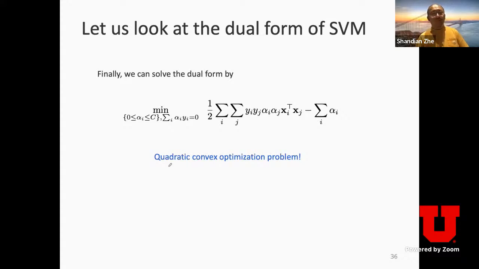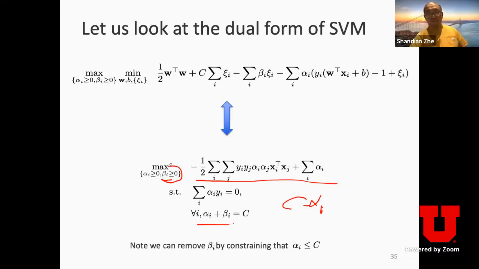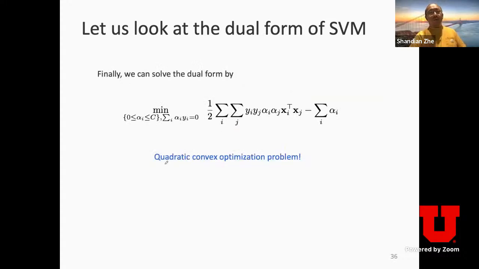And also we negate the objective function, meaning that we are going to do minimization. And eventually we reduce our dual form into a quadratic optimization in this form.